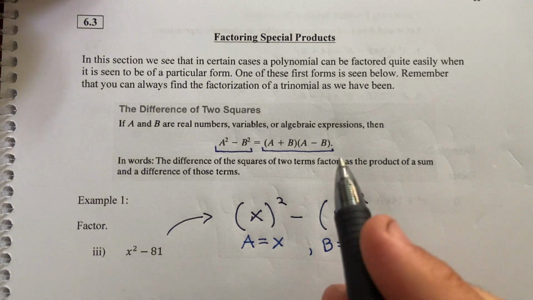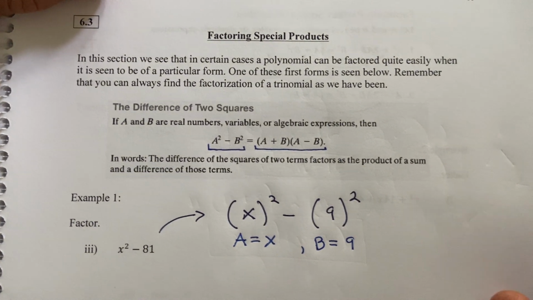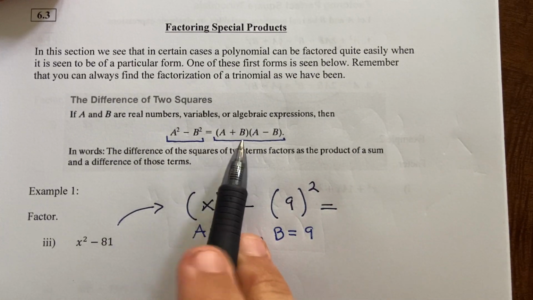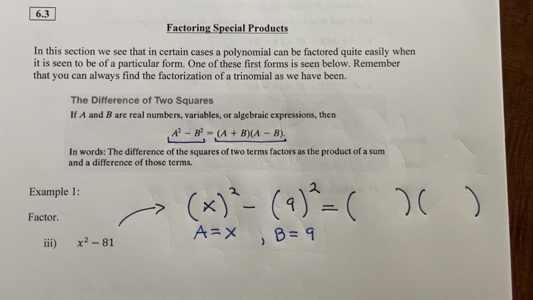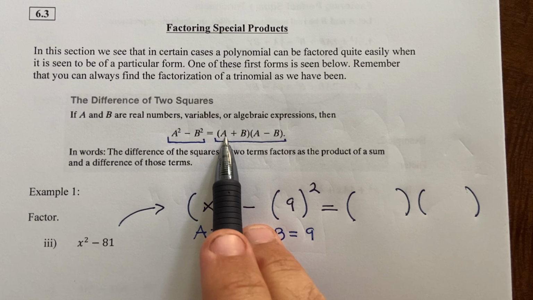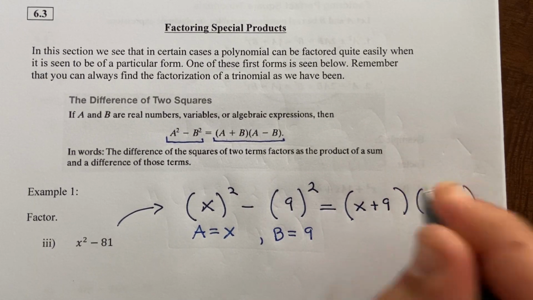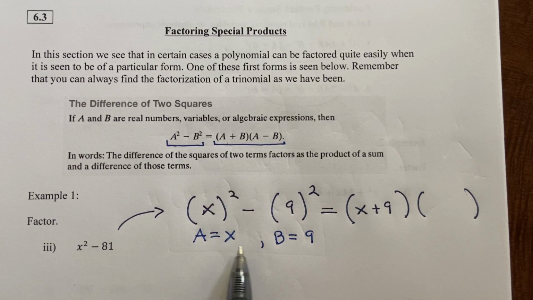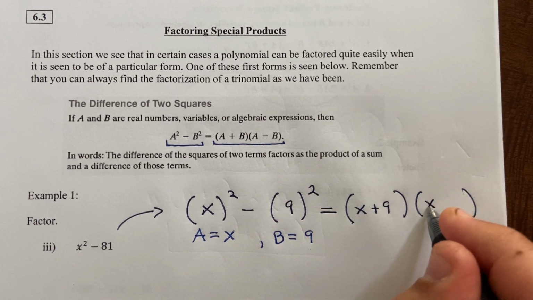So that tells me that I can just simply write this now. This is equal to this factorization involving A and B. So A goes here, we add A to B. So x plus 9, right? A plus B, x plus 9. And then A minus B, x minus 9.